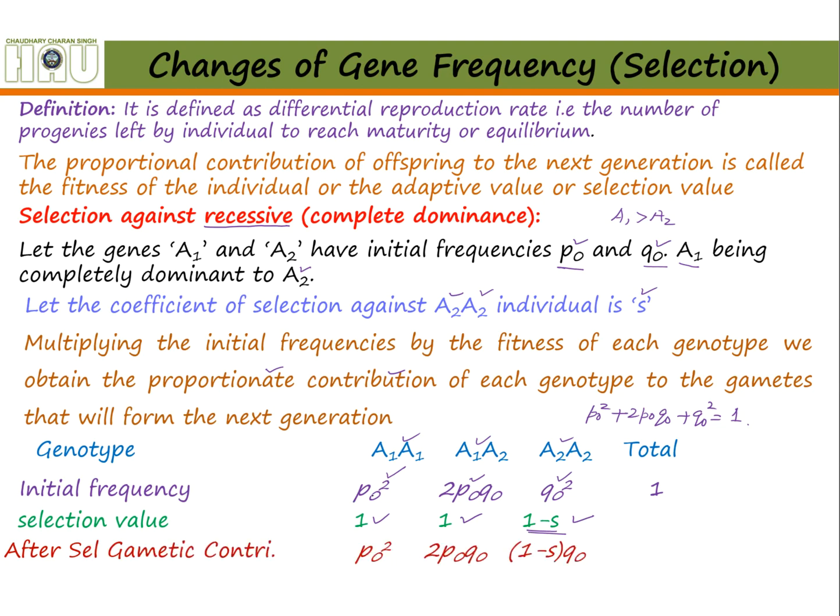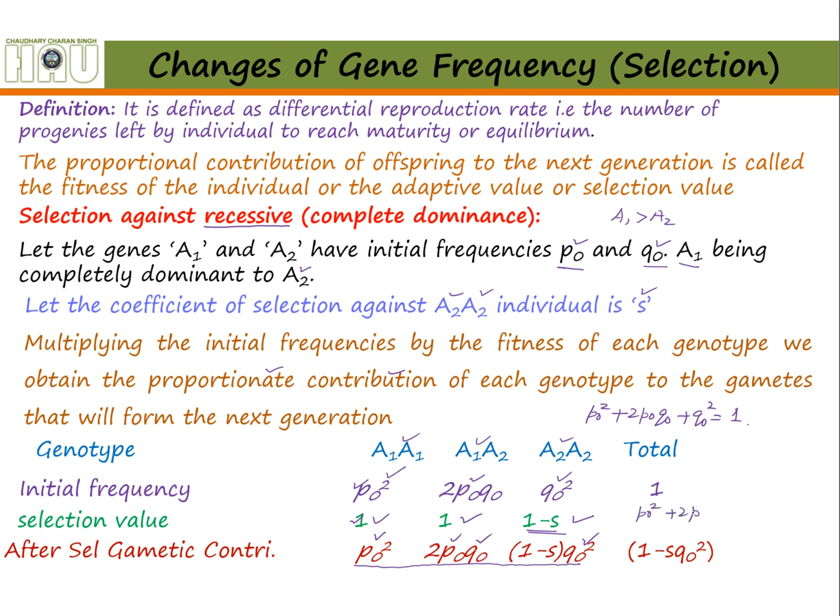So after selection, the gametic contributions are P0 square, 2P0Q0, and 1 minus s times Q0 square. If I take the sum of these, it is not equal to 1 because of the selection. So what will the sum be?